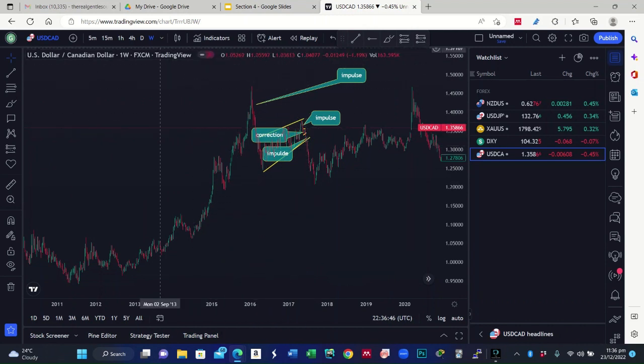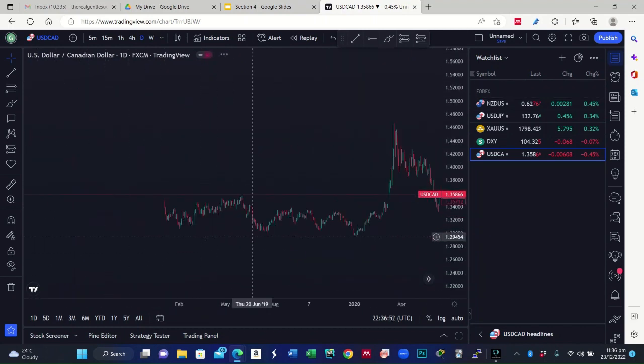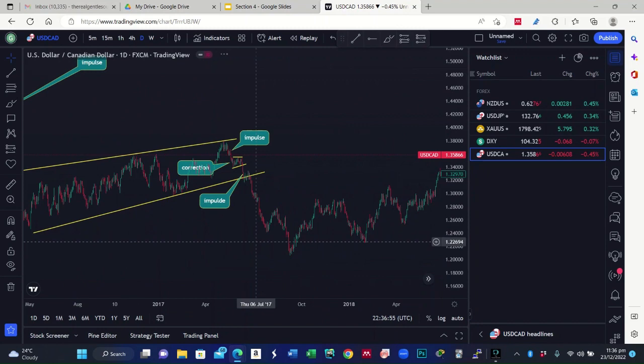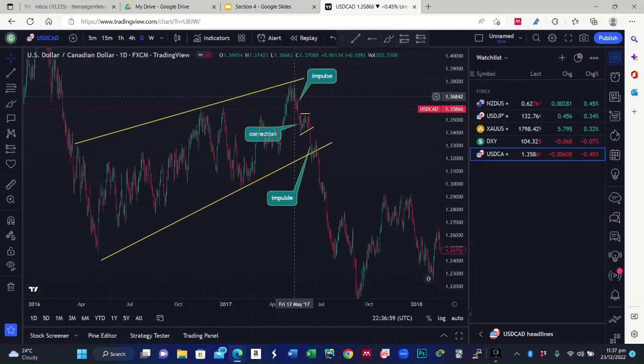This is the higher time frame, the weekly time frame. If we go to the daily time frame, which is a lower time frame compared to the weekly, you will see that inside the weekly correction, there is another impulse, correction, and impulse.